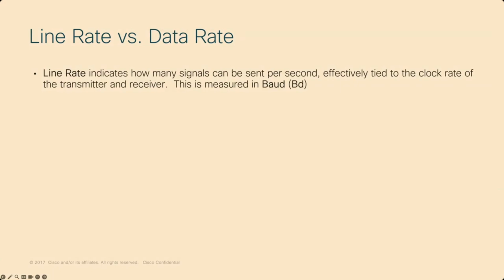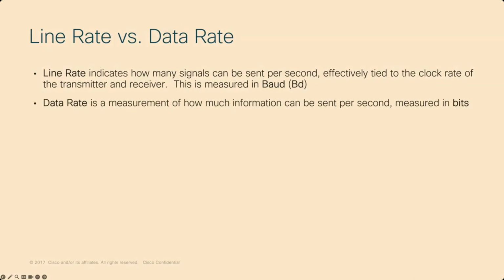So line rate is basically how many signals I can send on a wire or down a fiber optic cable, right? So it's basically how often can I flip those bits? How often can I change the voltage on a wire? How often can I send a pulse of light, right? And that is measured in what's called baud, named after the person that developed the concept.